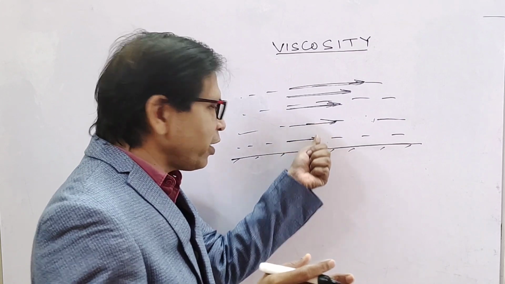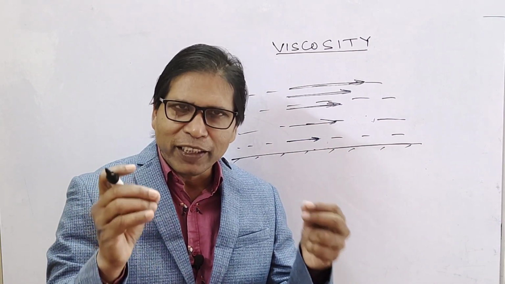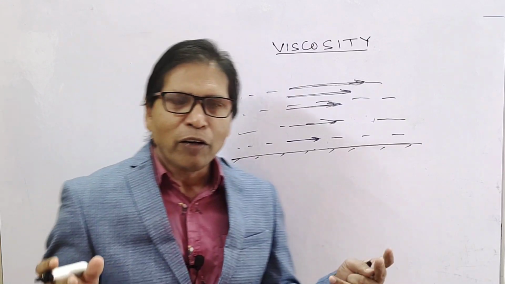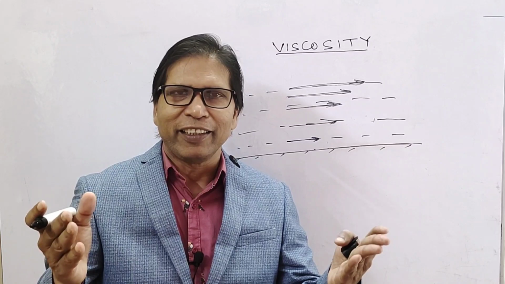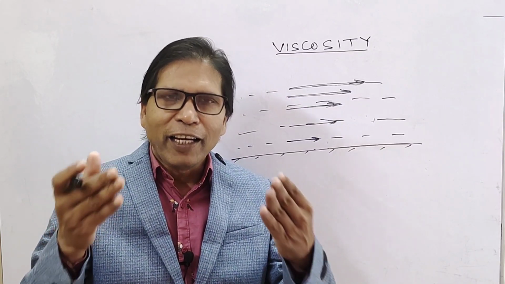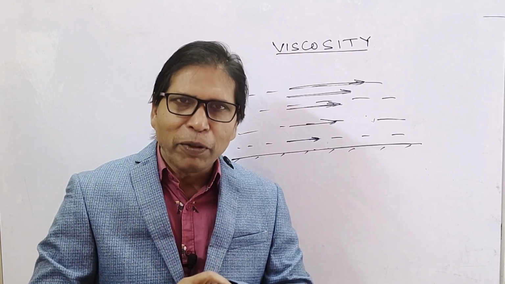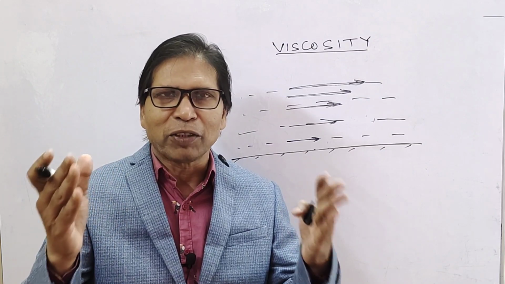Now any two layers oppose their relative motion, just like friction in solids. Now we can define viscosity from the above explanation. The property by virtue of which the liquid opposes relative velocity between its layers is called viscosity.